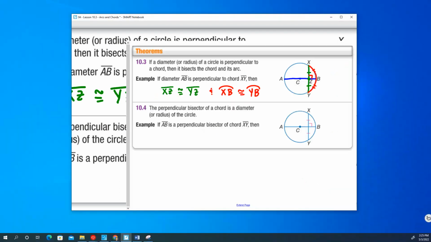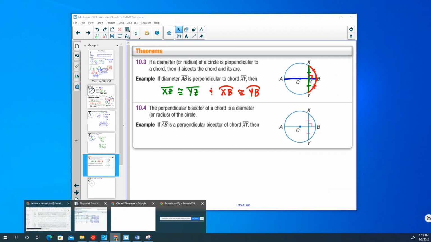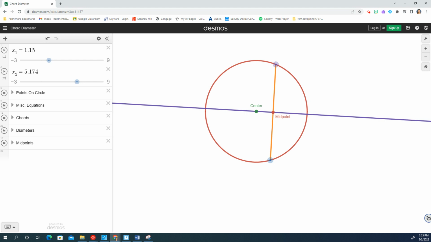Here, I'll show you the visual now while you're writing that down. In purple is basically a line, but it's the diameter if you were to stop it here. And here's a chord. Watch what happens as it moves around the circle. It doesn't show you this, but they're keeping them all perpendicular.